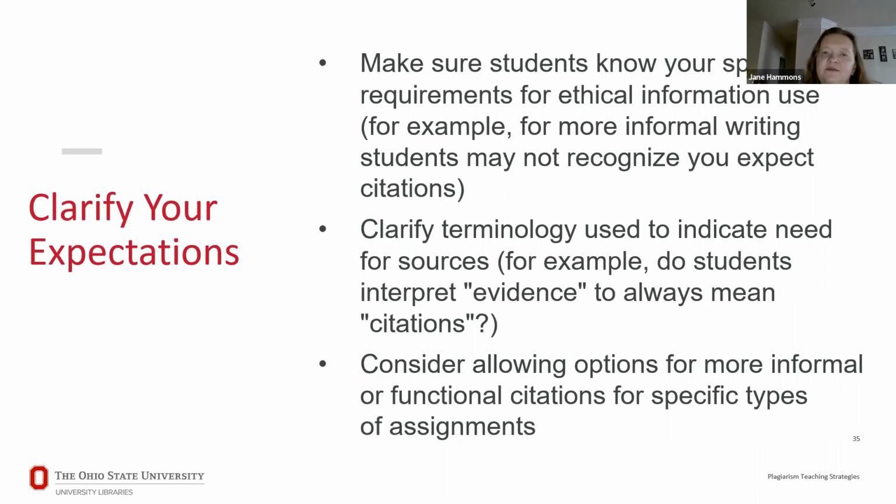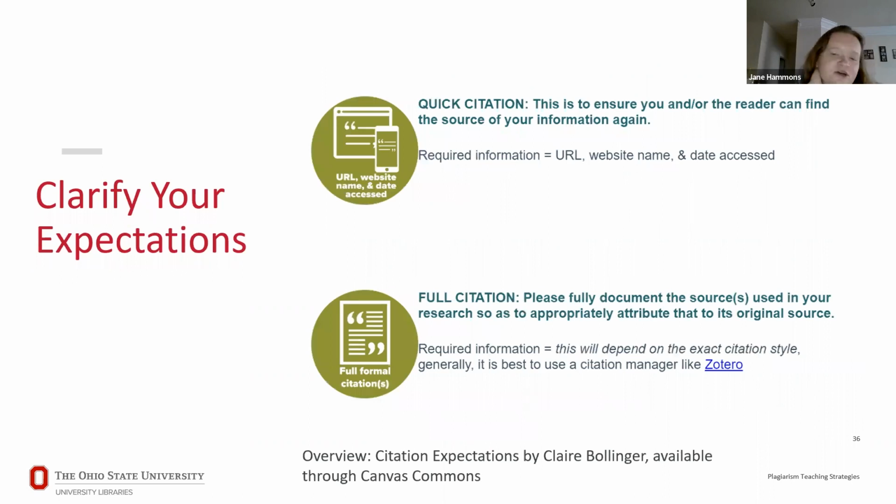And one of the things I have on here is thinking about providing students some opportunities to use more functional citations in certain ways. What I mean by this is Claire Bollinger, who I think is in health sciences, an instructor here at Ohio State.